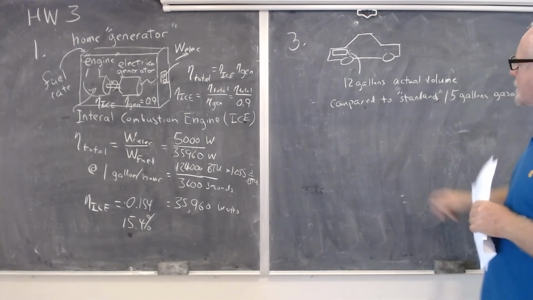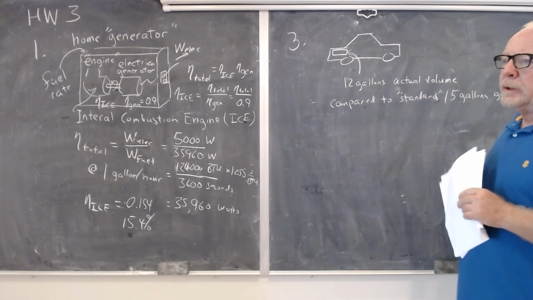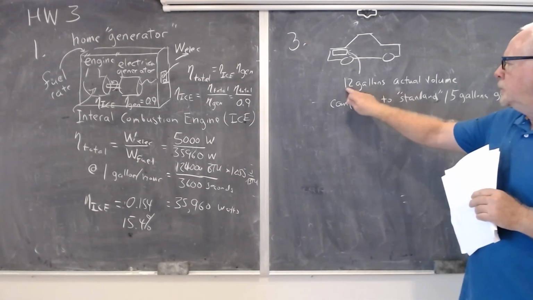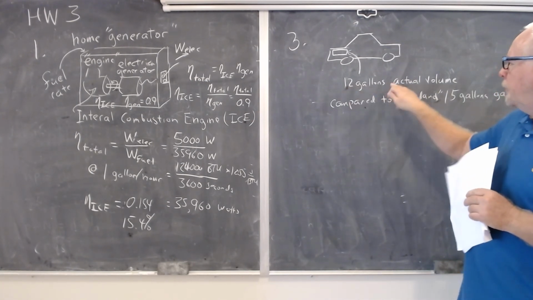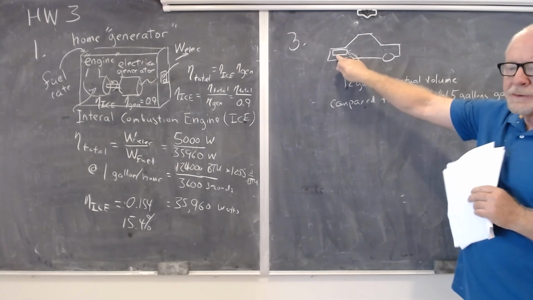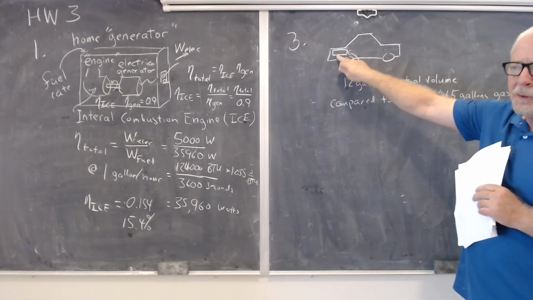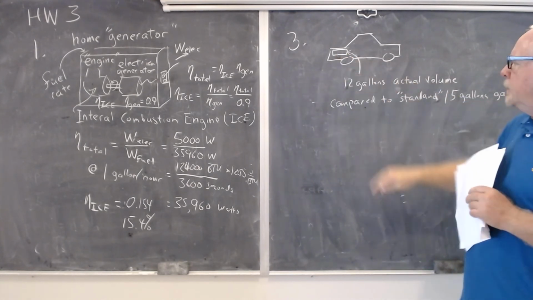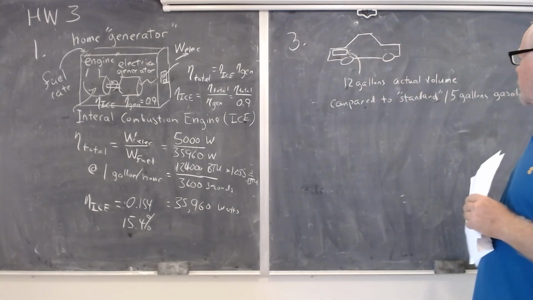And the reason why was I figured, well, in principle, this tank has to hold this compressed gas, and so it's going to be thicker and everything, and I don't know, I just made it up. Okay, so 12 gallons actual volume.